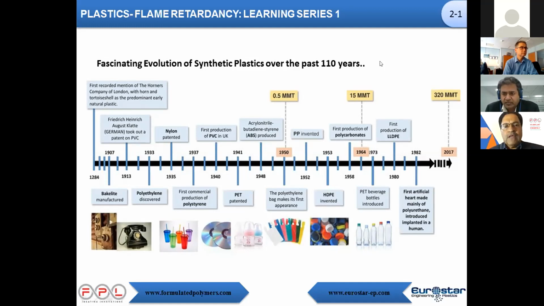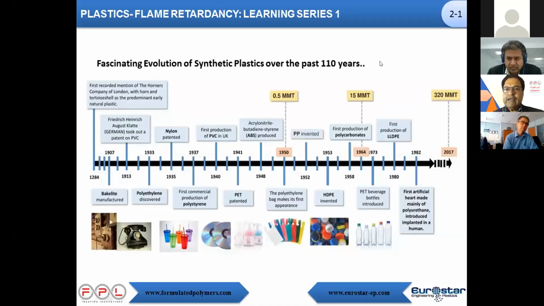But even though the growth has happened in multiple things, polymer inventions were not really happening. Linear low density polyethylene is a slight modification of LDPE. But most of the work done was primarily on compounding and extending the polymer into newer applications.